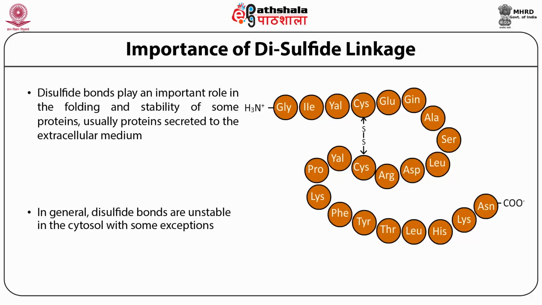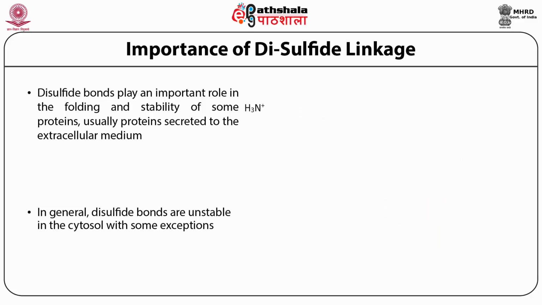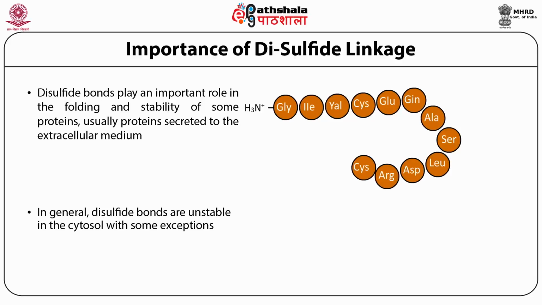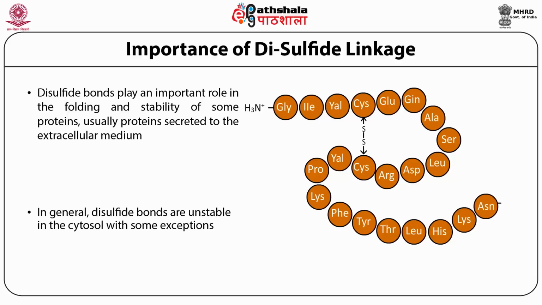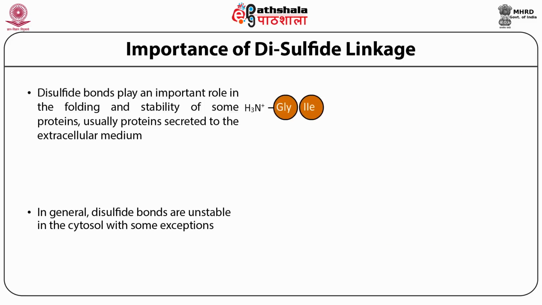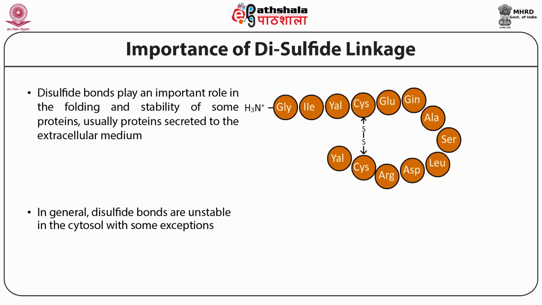In general, disulfide bonds are unstable in cytosol with few exceptions. We show in this picture a schematic representation of formation of a disulfide linkage between the two cysteine amino acids.